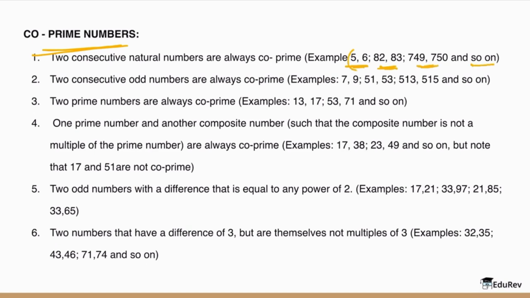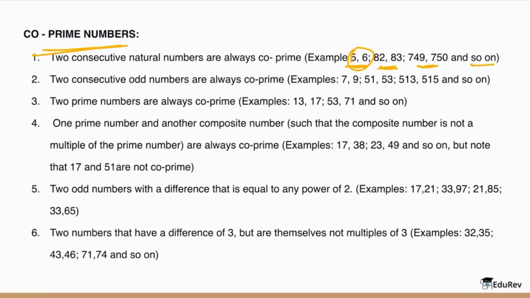Why? Because 5 and 6 have nothing in common. This is one of the properties of co-prime numbers: if I have any two natural numbers that are consecutive in nature, then those numbers are going to be co-prime numbers. I hope you understand what co-prime numbers are.